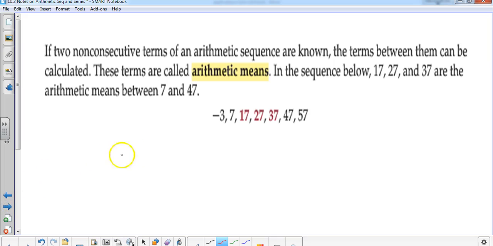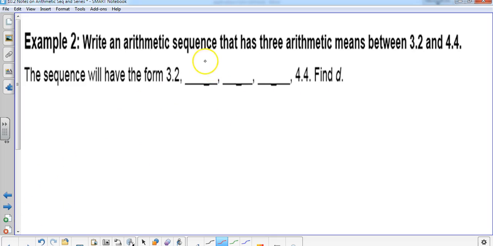All right. This is an example with the arithmetic means. It says in the sequence below, if they gave us these 2 terms and these 2 terms, and they said there are 3 arithmetic means missing in between here, and then they found them, okay? We're going to talk about it here. Write an arithmetic sequence with 3 arithmetic means between 3.2 and 4.4.